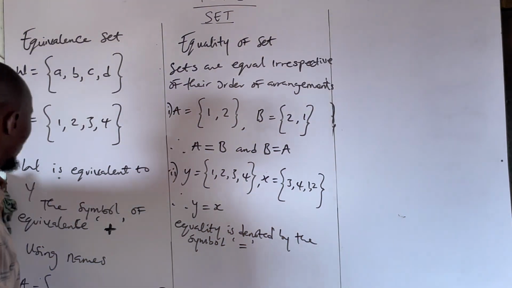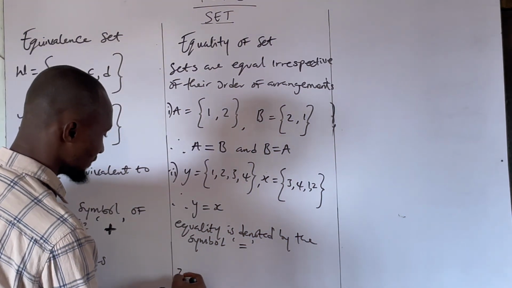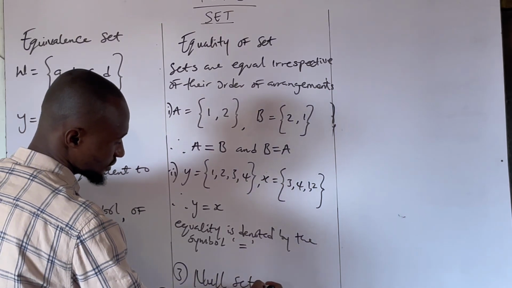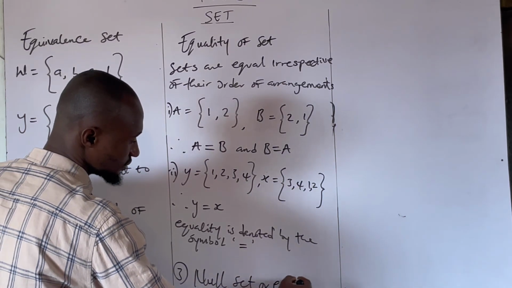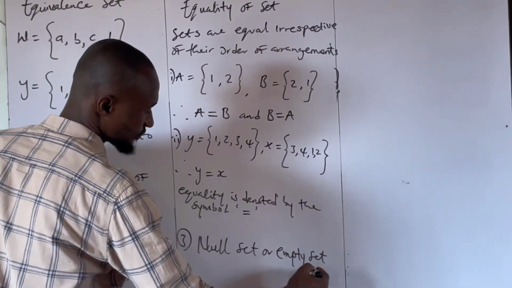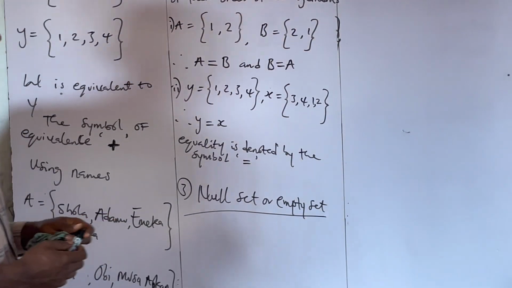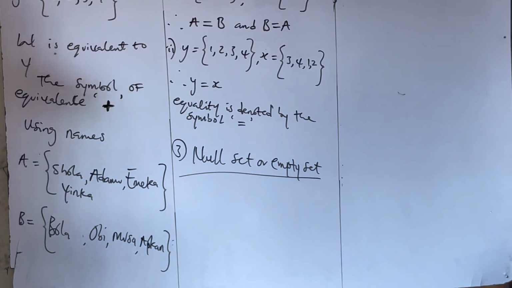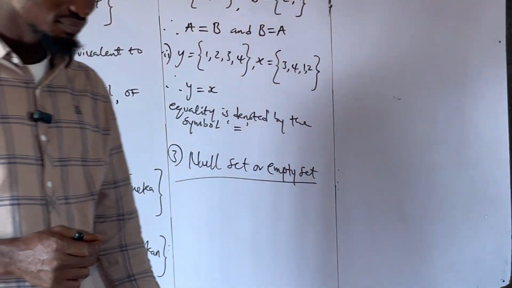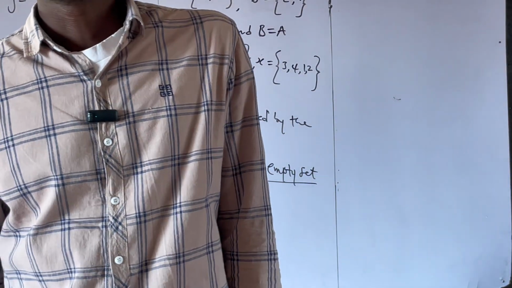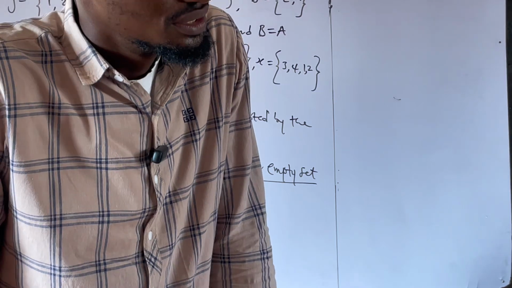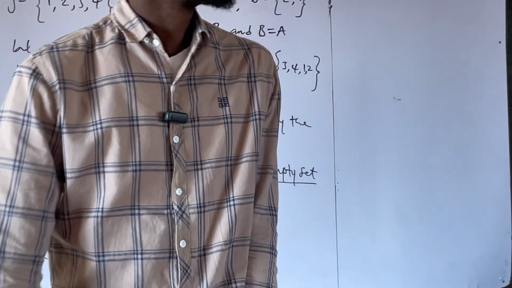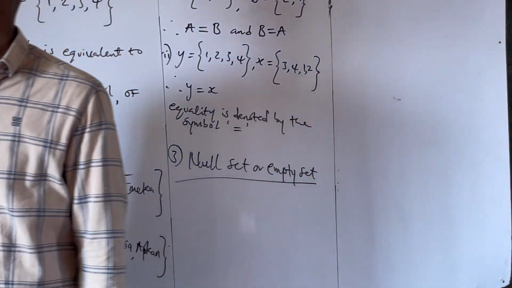So we call this one number three, the non-set or empty set. Now, let me give you an analogy. Nobody is in the classroom for 1 hour.